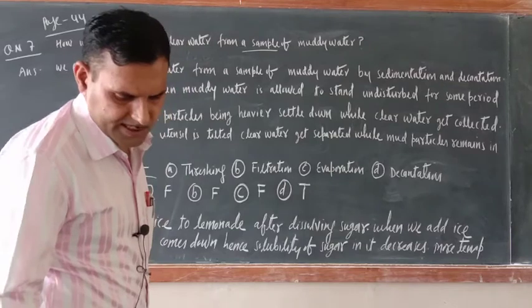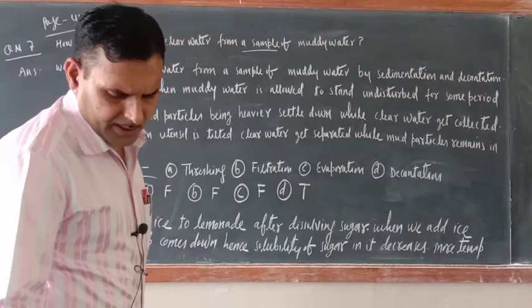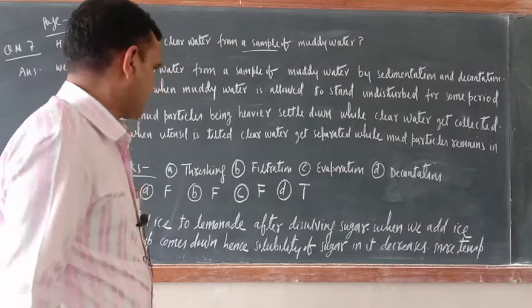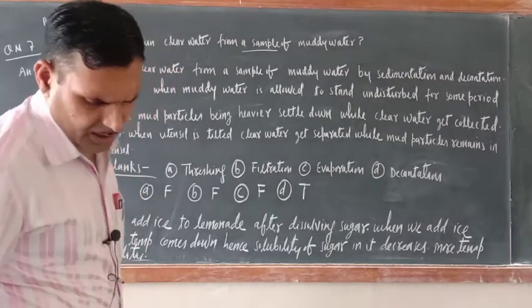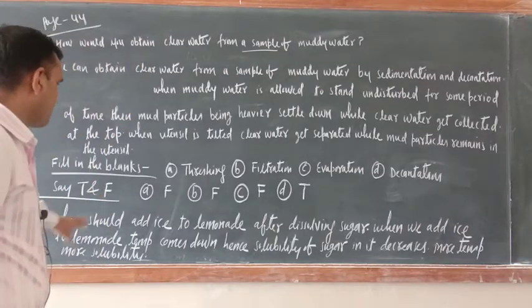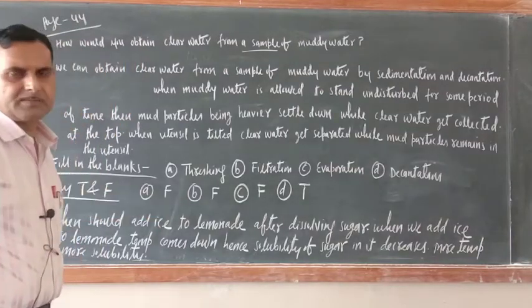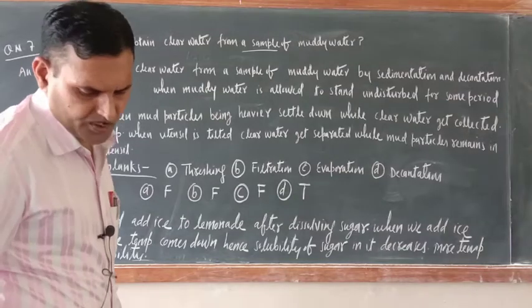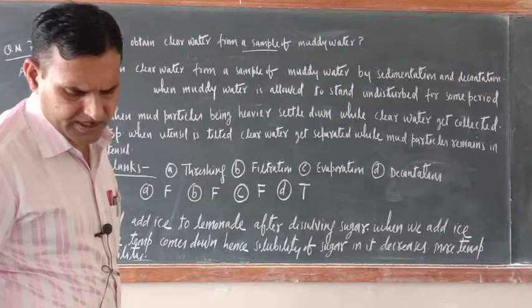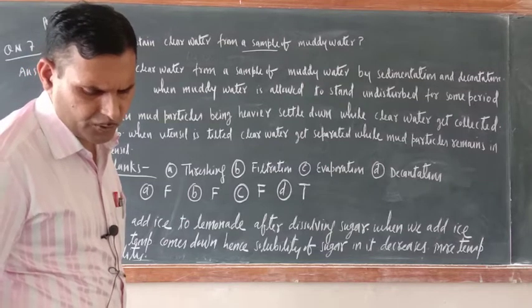Now true and false. Number one, a mixture of milk and water can be separated by filtration. False. Both are liquids only, they cannot be separated by the filtration method. Next one is, a mixture of powdered salt and sugar can be separated by the process of winnowing.